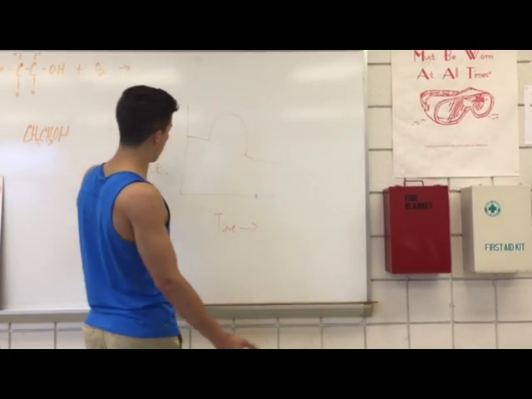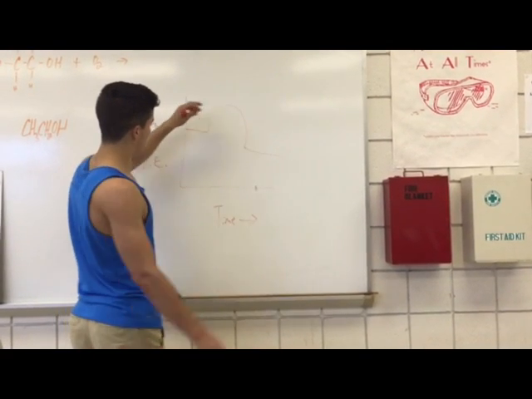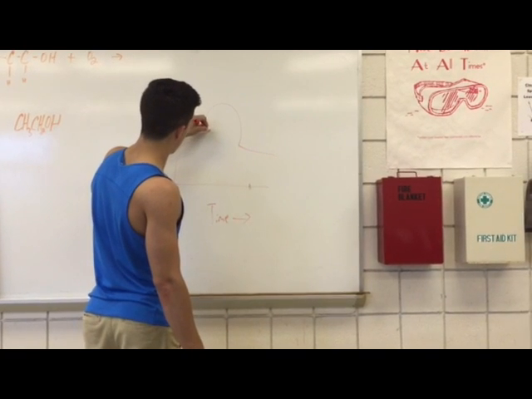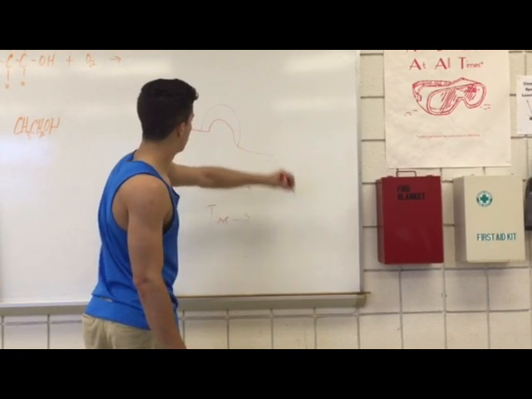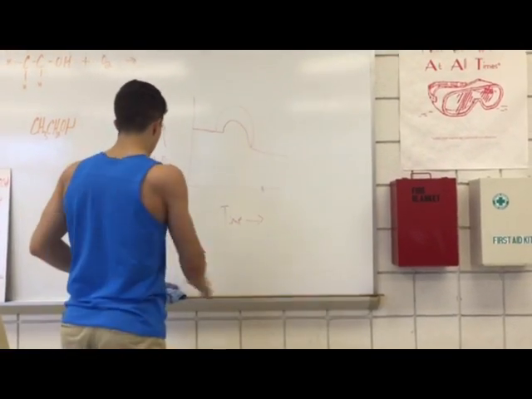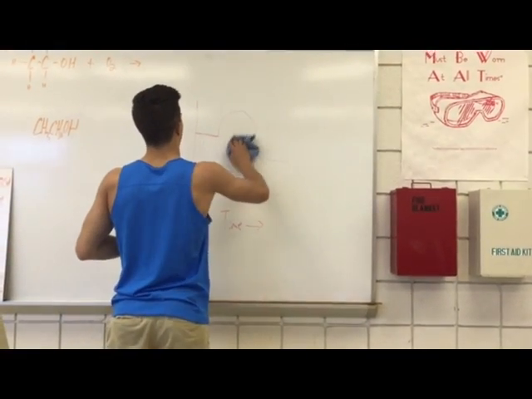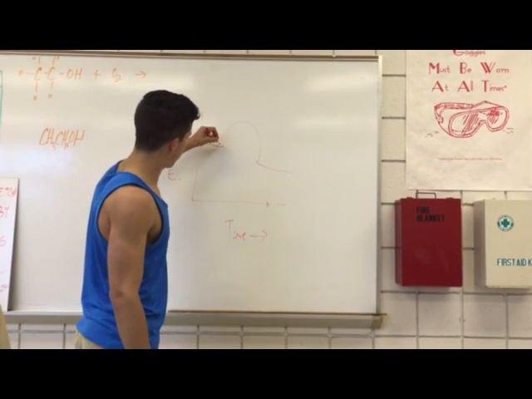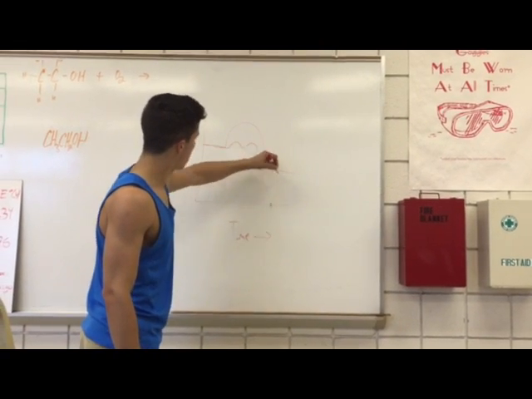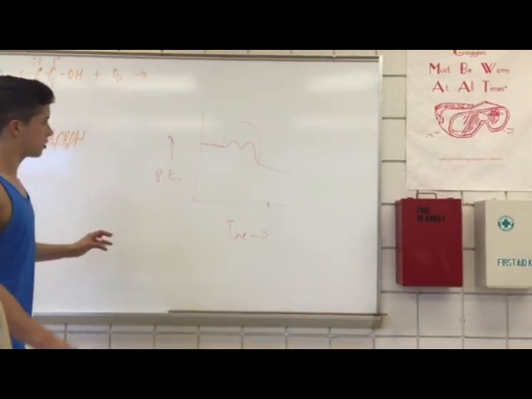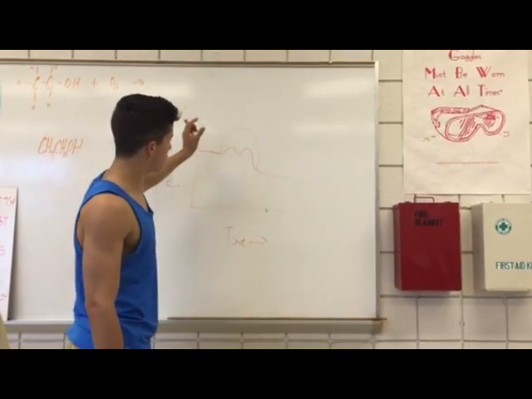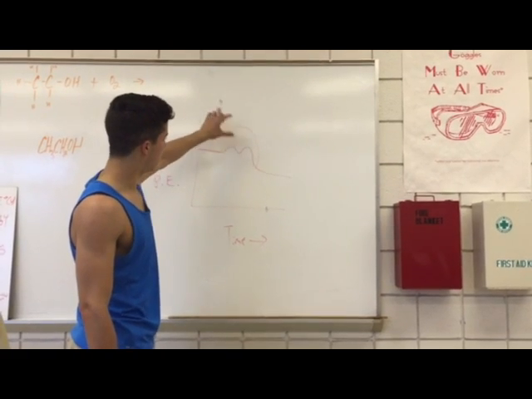What a catalyst does is it lowers this activation energy, and it can do that, or if it has an intermediate, it can have two smaller steps. But either way, if you combine these two activation energies, it's always going to be less than the original.